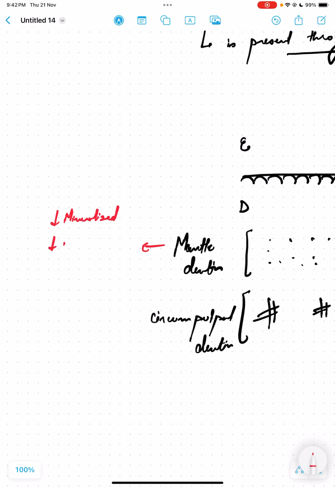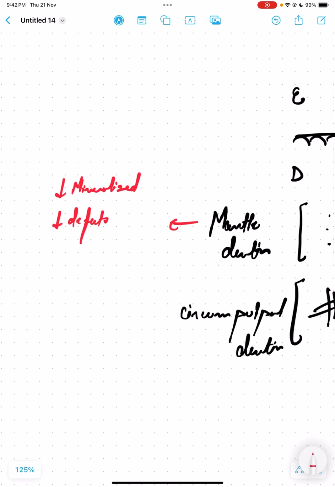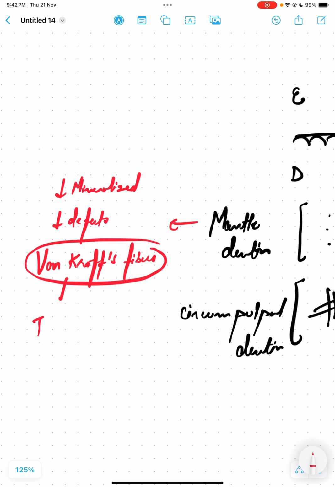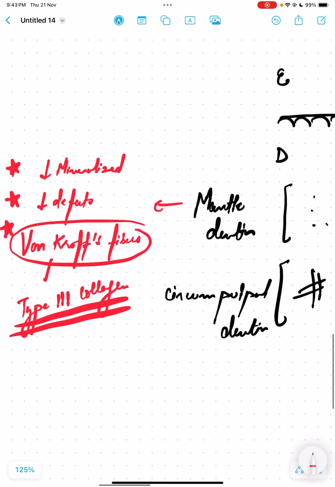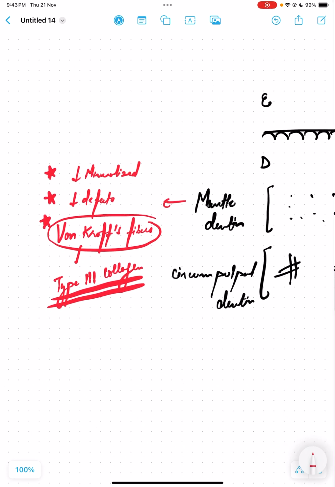They have fewer defects as compared to circumpulpal dentin, and they contain the important fibers called von Korff fibers. More importantly, they consist of type 3 collagen. These are the important points that all of you have to remember: mantle dentin is less mineralized, has fewer defects, and contains von Korff fibers, which involve type 3 collagen.